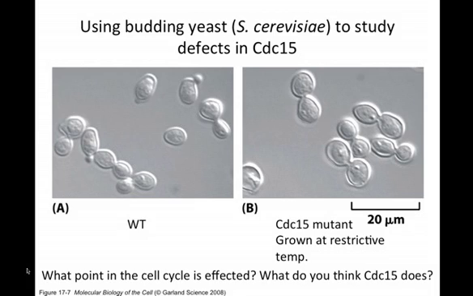Okay, and so you can see with wild type, cells are kind of at different phases of the cell cycle. This one is starting to bud, this one has a little bud, this one has a bigger bud. That's that. If you look at the restrictive temperature, what do you guys see?